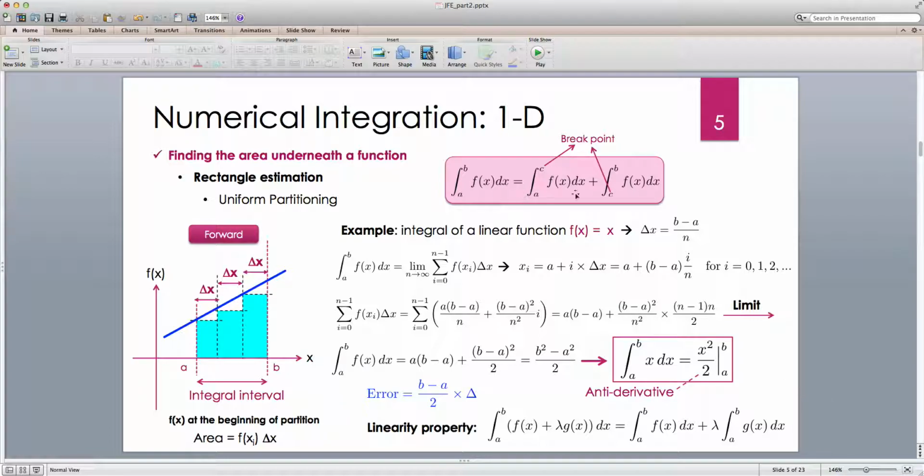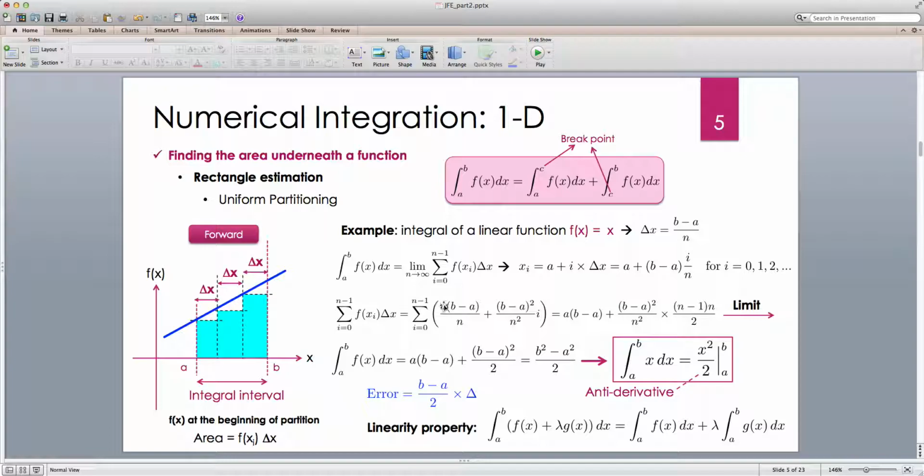The other one is the breakpoint property, and that means for the integral from a to b of f of x dx, we can pick any intermediate number c and break the interval a to b into a to c and c to b. And the integral is equal to the integral from a to c plus the integral from c to b. Now in general, c doesn't have to be a point inside the a and b interval.